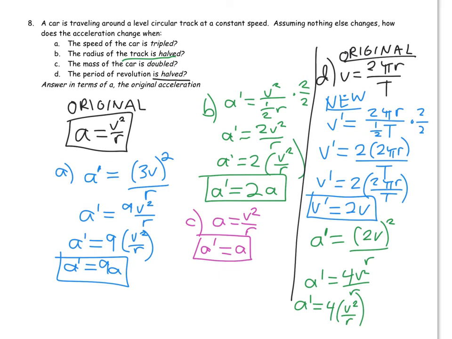And so that means that my new acceleration now is simply 4a. Okay, so this one is a two-step problem. We first want to figure out how my velocity changes when the period's cut in half, and then we can see how that ultimately changes the acceleration. So really, saying the period of revolution is halved is another, more complicated way of saying that the velocity is doubled, and then we just go from there.